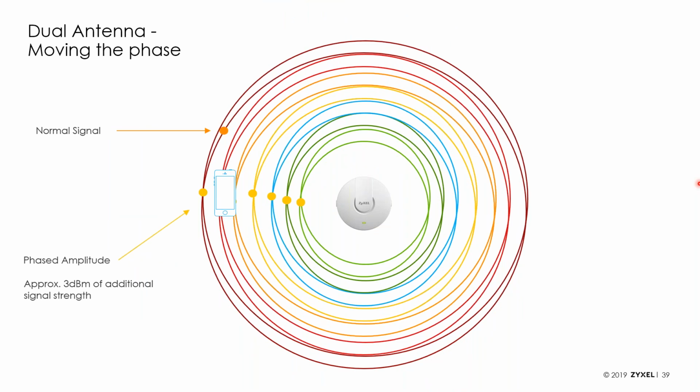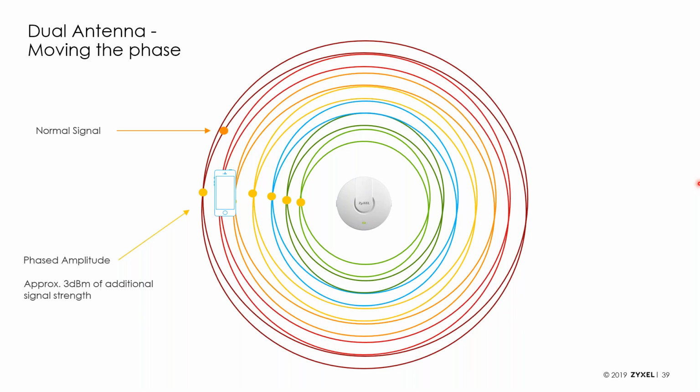It is trying to steer the signal pattern, or rather the waves, in a way that is optimized to each client. But beamforming needs support from the client itself. If the client does not support beamforming, the AP will make something called a best guess scenario, which usually isn't very good.